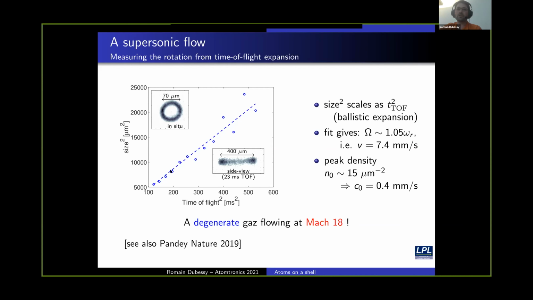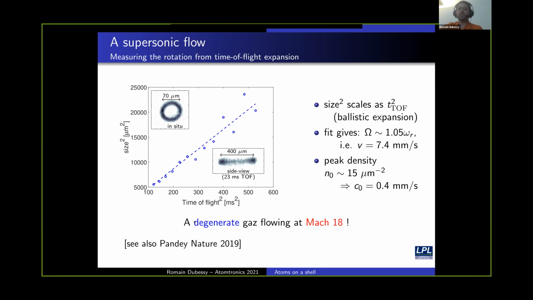And if you fit this growth, you find that the rotation frequency corresponds to a linear velocity along the circle of the order of 7 millimeters per second. And if you compare this quantity to the speed of sound that you can infer from the peak density in the cloud, you get something that is almost 18 times the speed of sound.